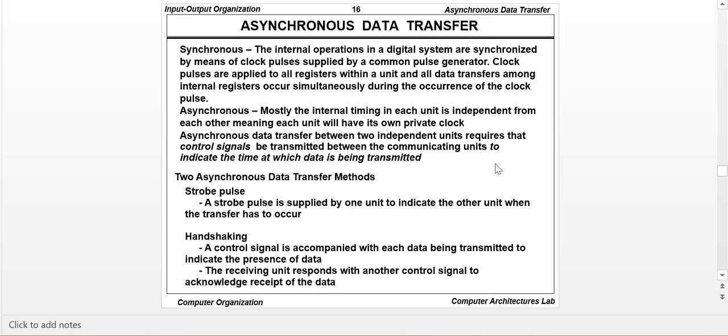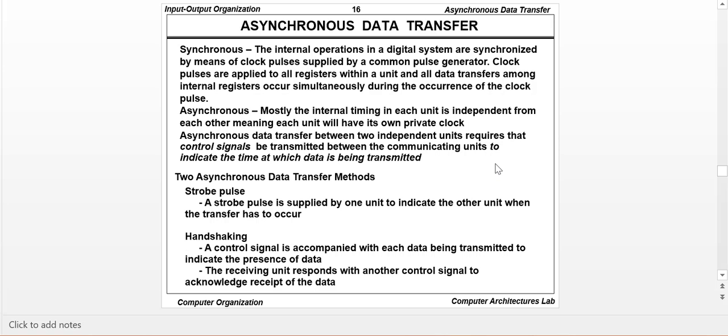We are going to see asynchronous, because in most systems, asynchronous data transfer is what is followed. So, as far as synchronous data transfer is concerned, data transfer within one unit will happen synchronously, and data transfer between two units will happen asynchronously.